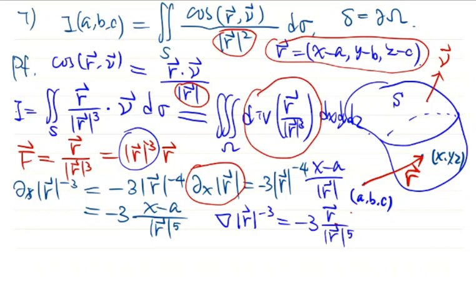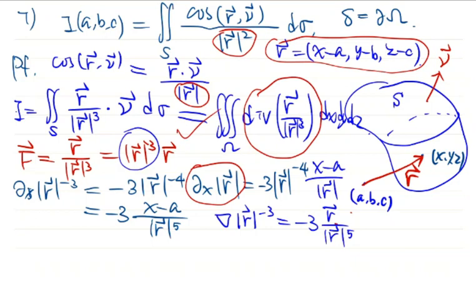Okay, so having computed the gradient of this function, we can compute the divergence of our F. Why do we want to compute the divergence of F? Because from this equality, we know that the integral we want to compute is the integral of the divergence of F over the domain omega.